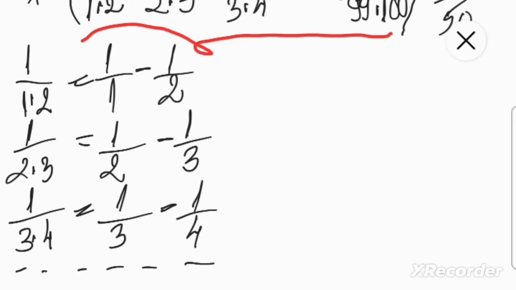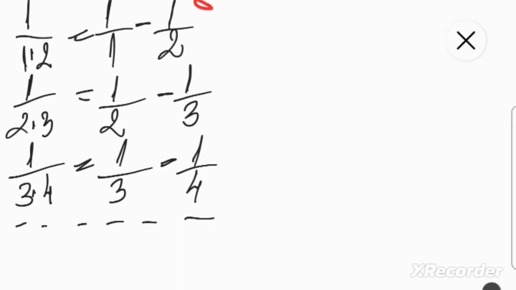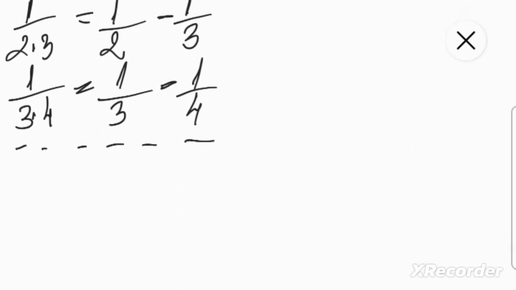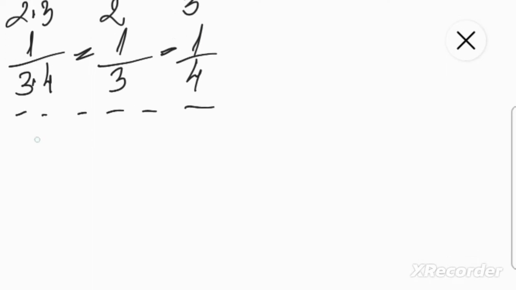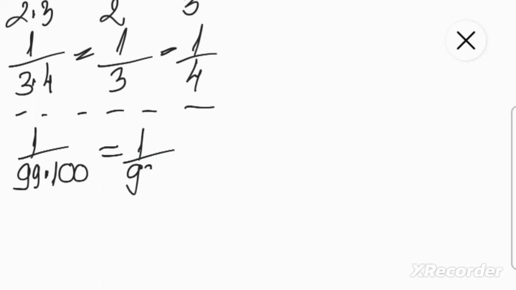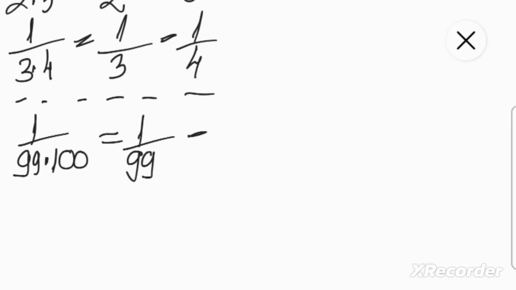And so on, until we have 1 over 99 multiplied by 100, which is equal to 1 over 99 minus 1 over 100.